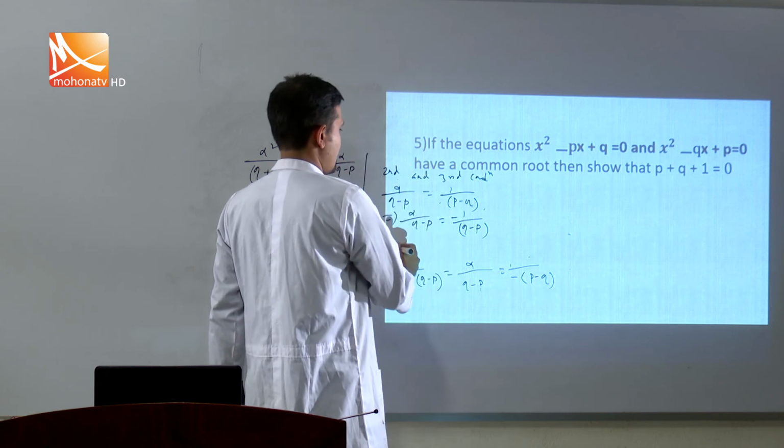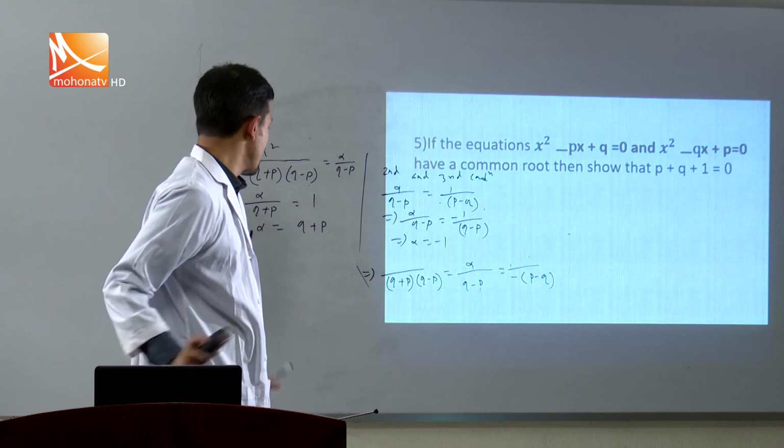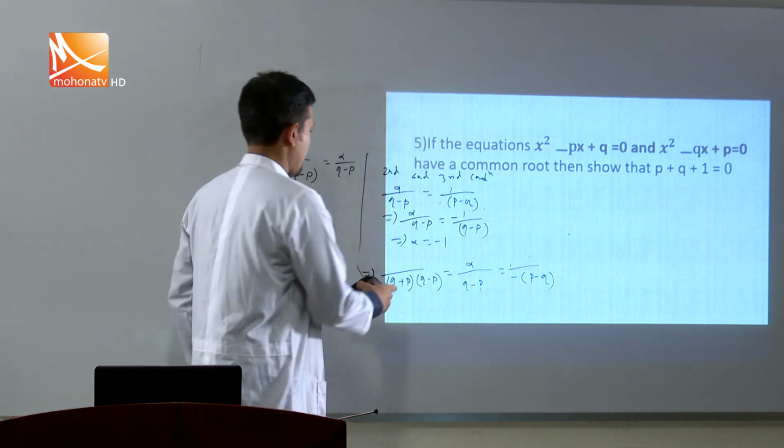Both sides (q minus p) cancel, or alpha equals minus 1. We get alpha equals p plus q and alpha equals minus 1.